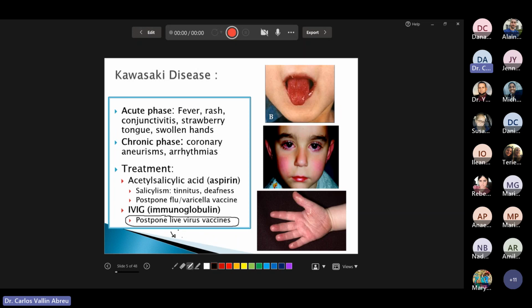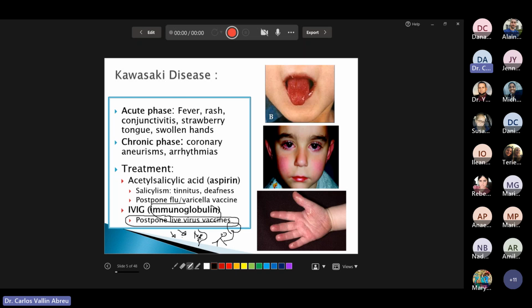It's similar to the passive immunity transferred by the mother to the fetus when the fetus is in the uterus. It's a passive transfer of the mother's immune globulins through the placenta to the baby. In this case, it's not through the placenta. It is one IV injection of immune globulins.